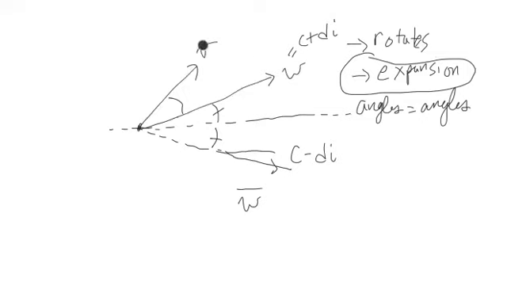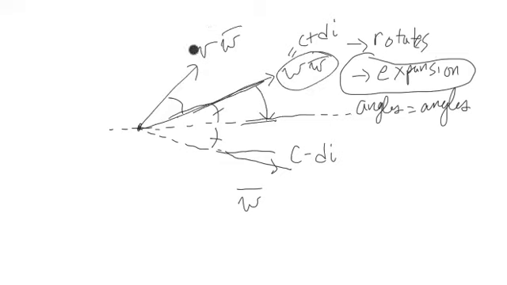So if we were to multiply this whole picture by W bar, what would happen is this would come down to the x-axis, and this angle would be preserved. So the x-axis will be right where this is, and then this will be up here.